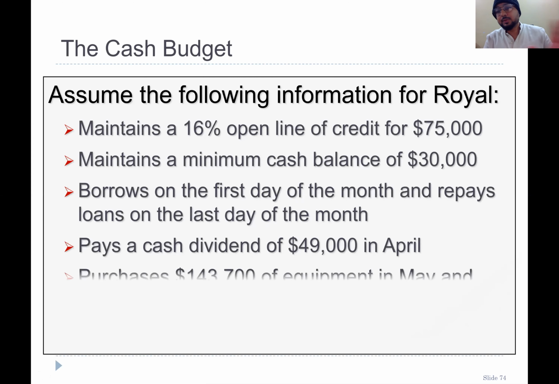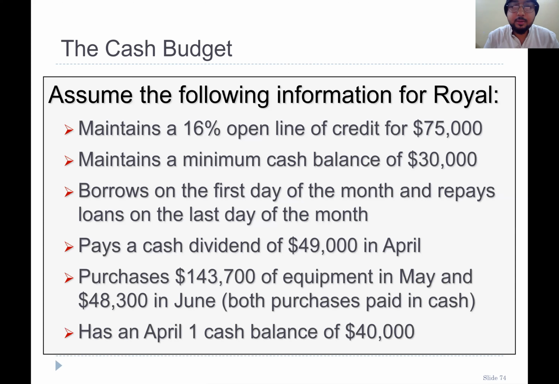Let's just talk about this. This is all the things that we have been given here. Royal maintains a 16% open line of credit for $75,000. What does it mean?